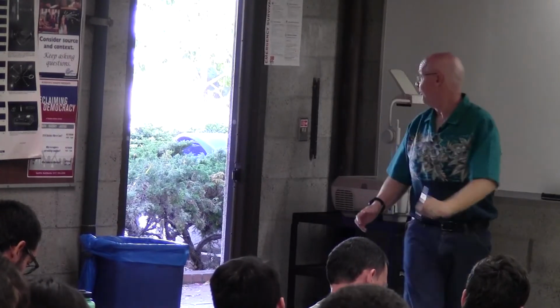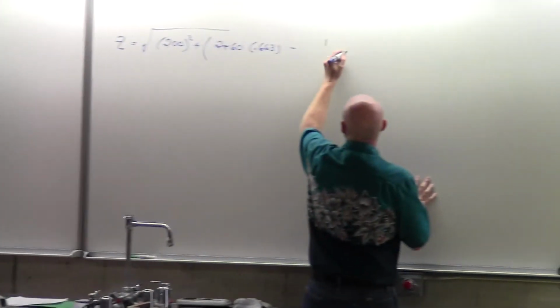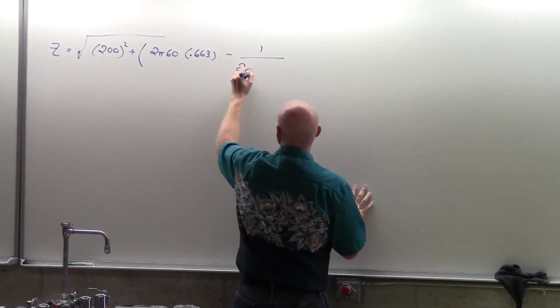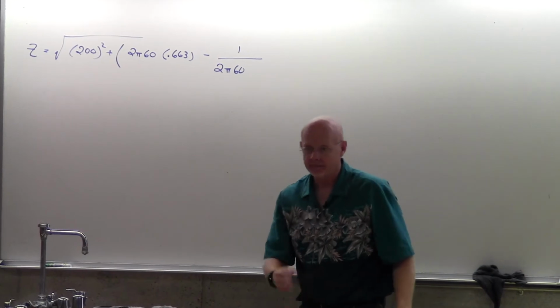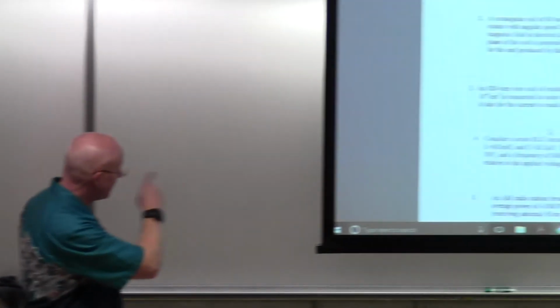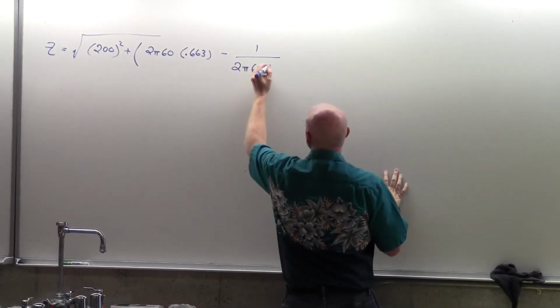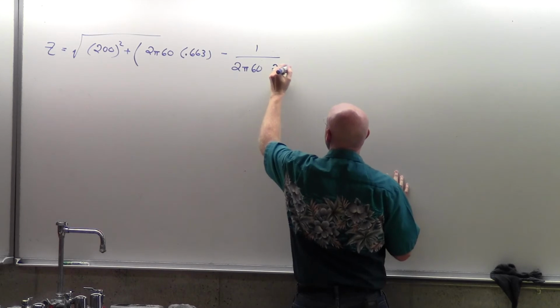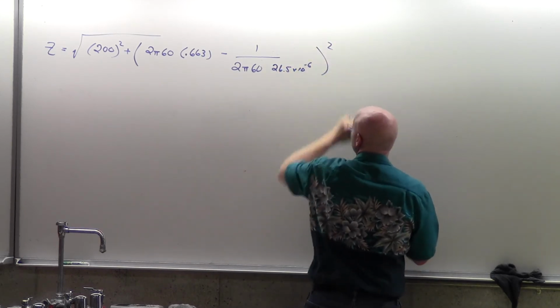And so there's the reactance from the inductor. And then for the capacitor, remember it's 1 over omega times C. And C in this problem is 26.5 microfarads. And I'll square that.